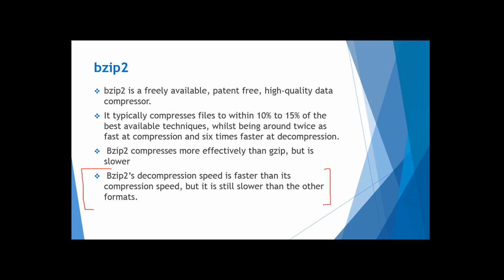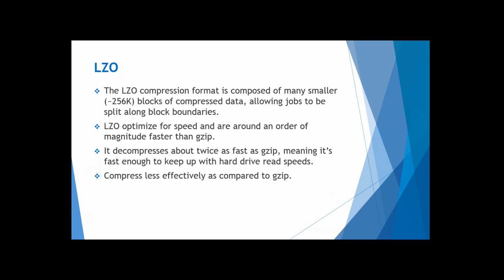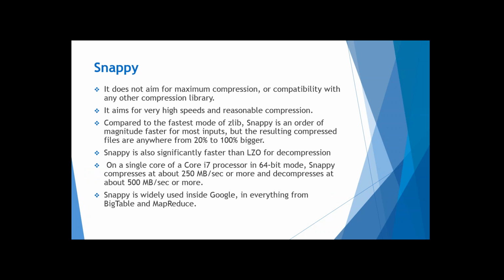But in practice, what you have to know is that bzip2 and gzip give pretty good compression. However, their compression and decompression speeds are slower as compared to LZO and Snappy. LZO is splittable if the file is indexed, and Snappy is from Google.